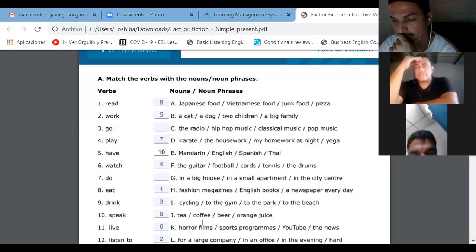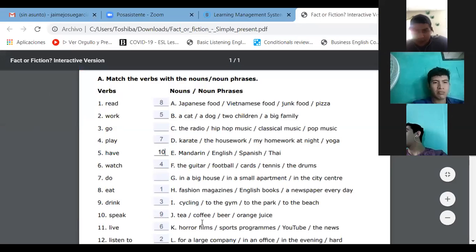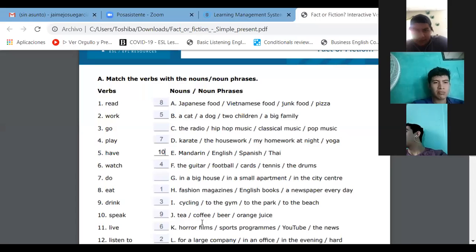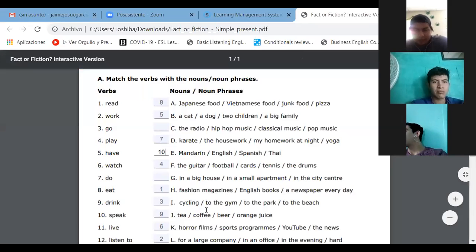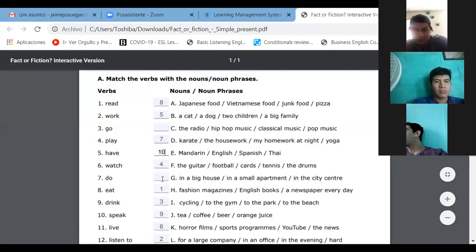Okay, number 11, Miguel Cruz. 11 is letter G. Okay, and the last one is letter C. C. Okay.